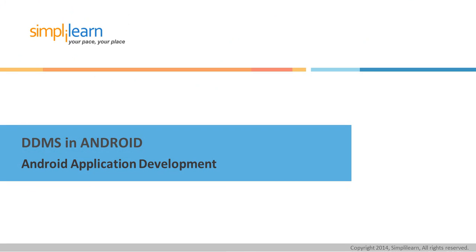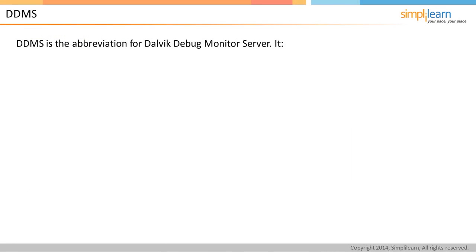Let us discuss a new topic, DDMS in Android. In this slide, we will learn about DDMS. DDMS is the abbreviation for Dalvik Debug Monitor Server. It is used to emulate GPS and other things on emulator.